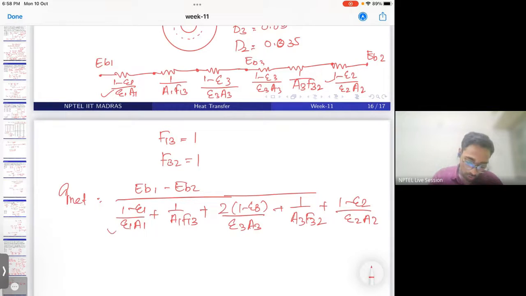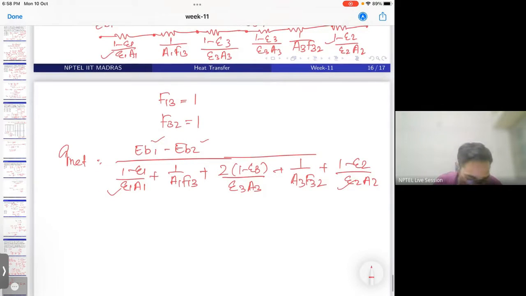This I already calculated, this already calculated, this already calculated. The only thing is to calculate this one.